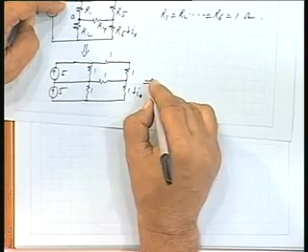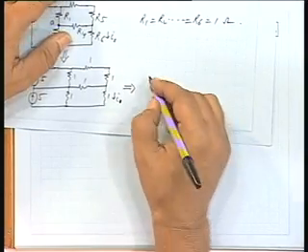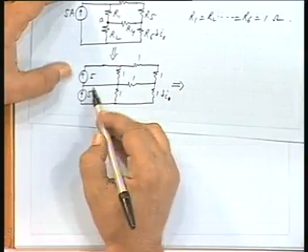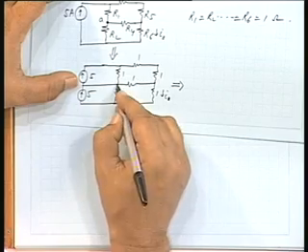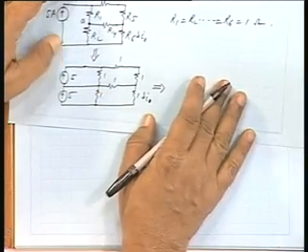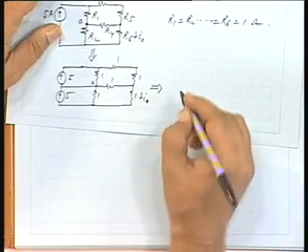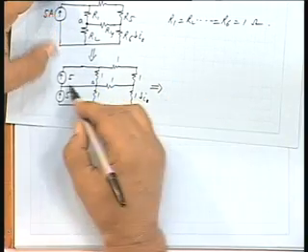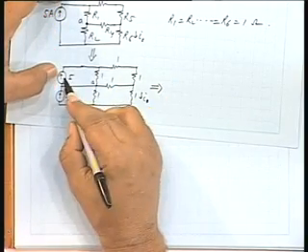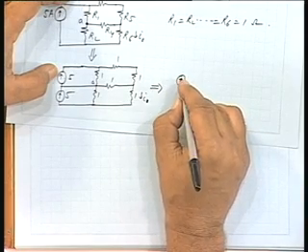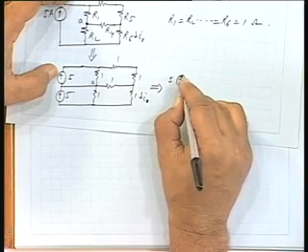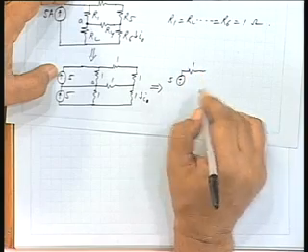See this particular network, this is point A, mind you. I am going to replace this element by a voltage source. 5 ampere with 1 ohm will be 5 volts with 1 ohm in series, very good.